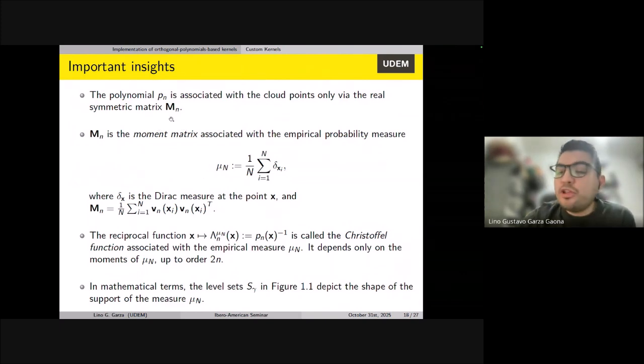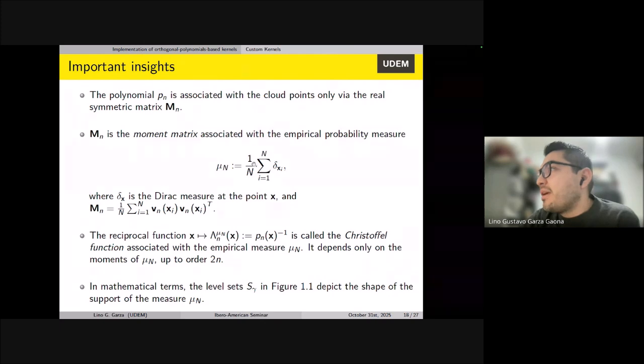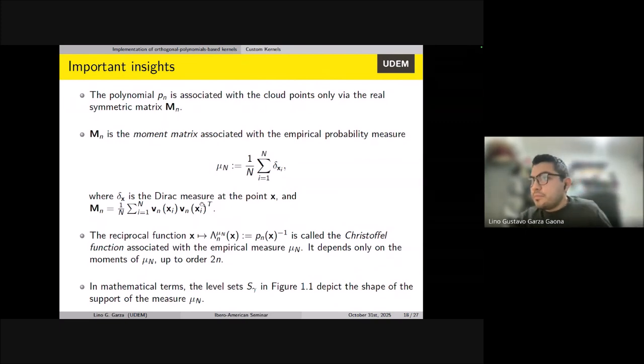You have a polynomial which is related to this cloud of points, using this symmetric matrix we defined before, and here the empirical measure is constructed, like I say, with a fraction of the points using the Dirac delta.